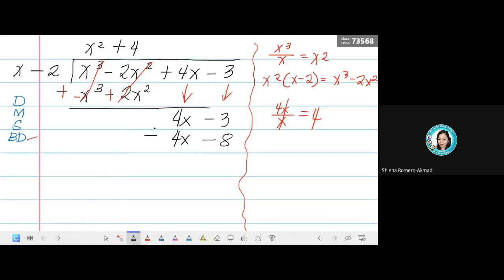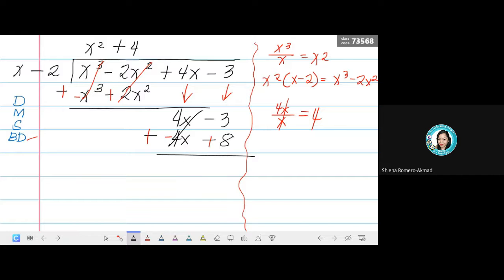We will now subtract. Wait lang, may nagpapa-accept. Change the sign. Proceed to addition. So we have 4x plus 4x, that's 0. We have negative 3 plus positive 8, ano yung magiging answer natin? Yes, tama yung sagot nyo kanina.